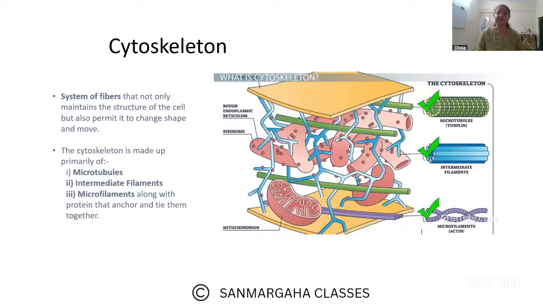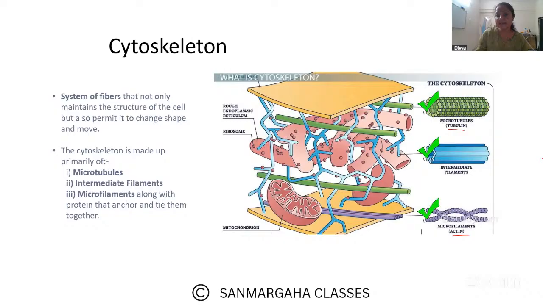As we have discussed, the cytoskeleton has microtubules, which are made up of tubulin protein. It also has intermediate filaments and microfilaments, which are made up of actin. These fibers maintain the structure of the cell and are a very important component to keep the cell in shape.